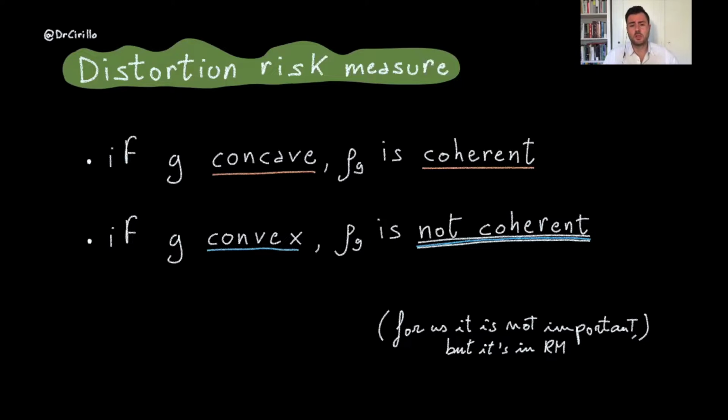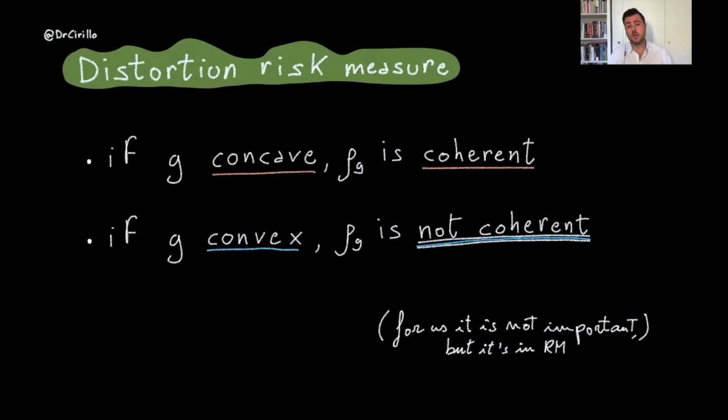Coherence for a risk measure means that our risk measure, which is nothing more than a function that we use to evaluate risk, so to assess the risk of something, for example, the risk involved in the investments we have in a portfolio, is called coherent if it has four useful mathematical properties.